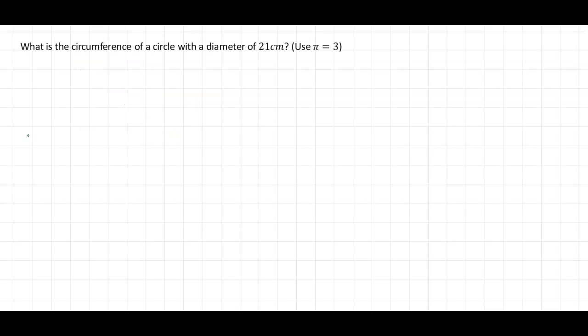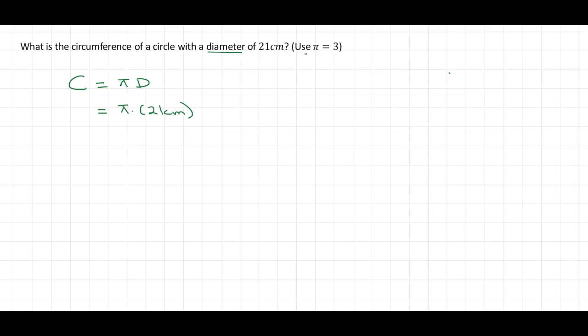Now let's look at this next question. What is the circumference of a circle with a diameter of 21 centimeters? So now we need to make sure we realize that we have a diameter of 21 centimeters. And so our formula is C equal to pi multiplied by diameter. So C is now going to be pi multiplied by 21 centimeters.